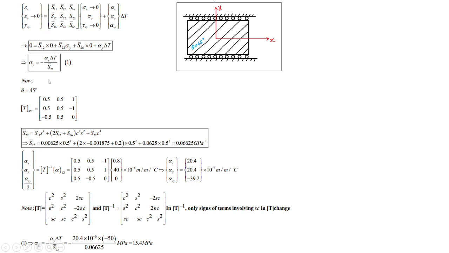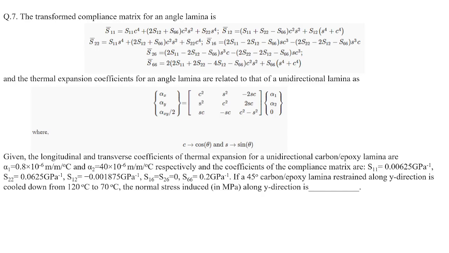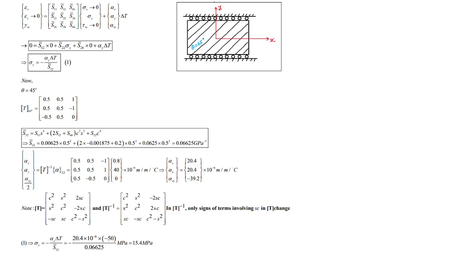Now next we need the value of alpha y, which is the thermal coefficient in the global axis. But in the question we are given the thermal expansion coefficients in terms of material axis. So we have to transform from material axis to global axis.